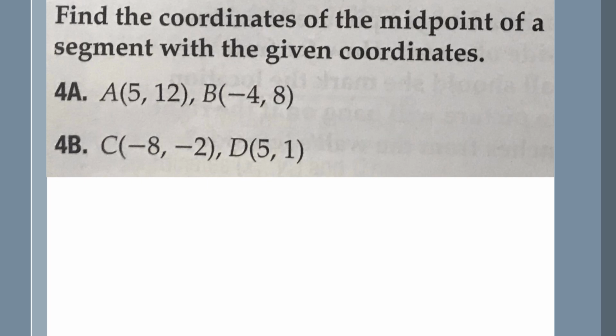Okay, so let's just call it M. This first one, for 4A, this is problem 4A. We'll say the midpoint is at (5 plus negative 4) over 2 and (12 plus 8) over 2.